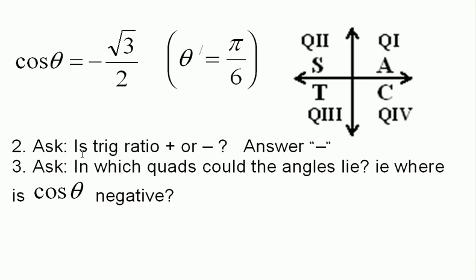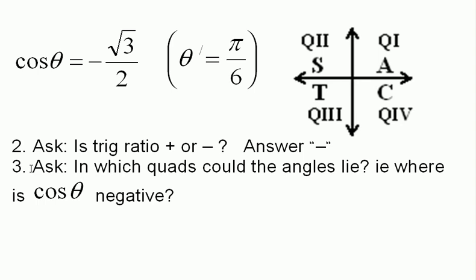I'm now on step 2 of the method, and step 2 was to ask, is my trig ratio positive or negative? Well, the trig ratio, cosine theta, is negative root 3 over 2.